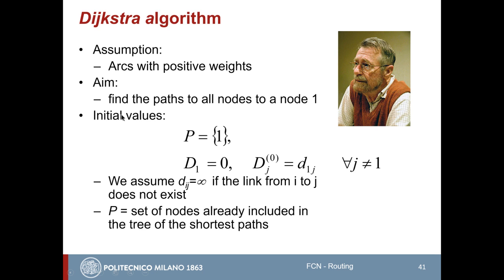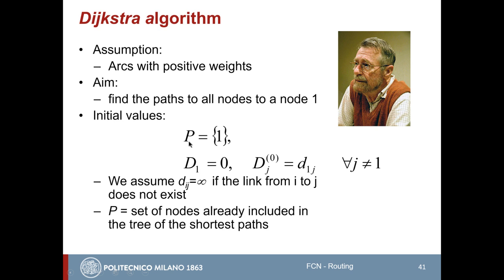So the aim is to find the shortest path from a certain node that we can choose as a source to all the other nodes in the network. And here we have to define again a set of variables which are the distances of all the nodes to the source, and these variables are updated each time we do an iteration.